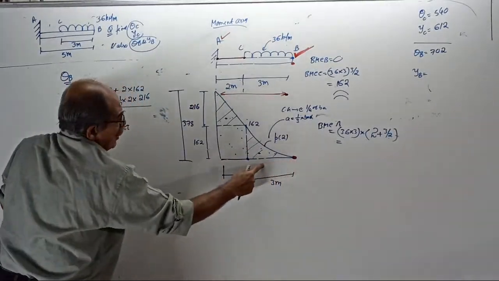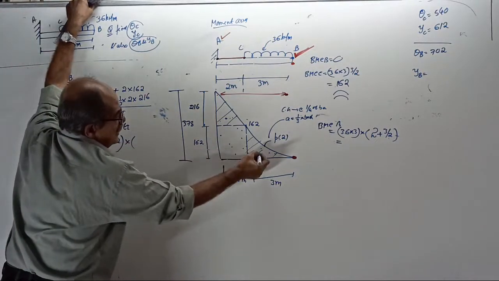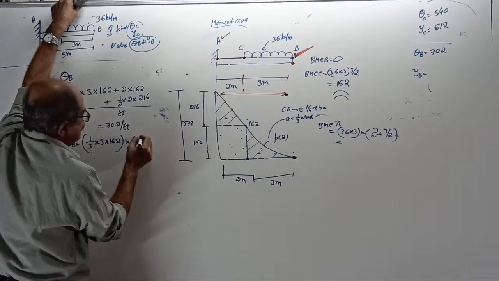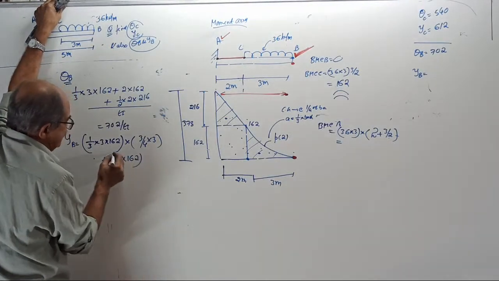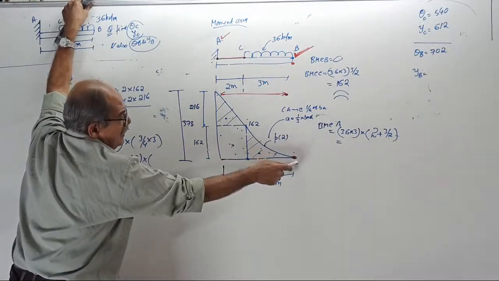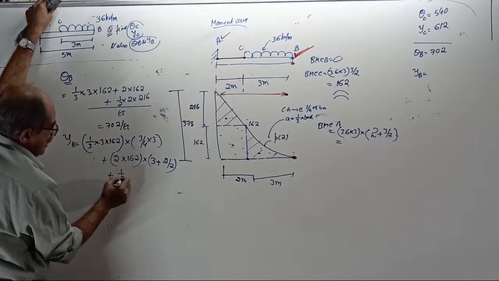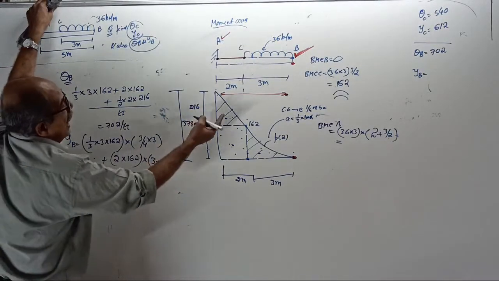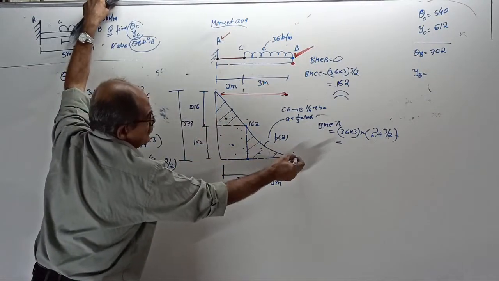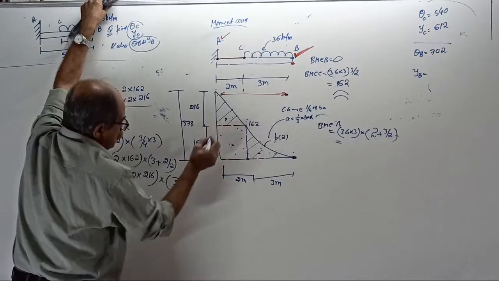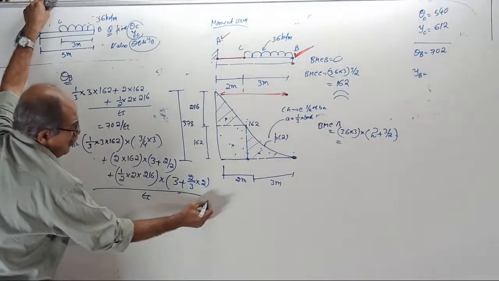Therefore, start: 1/3 of 3 into 162 is the area into its CG, from here 1/4, from here 3/4 of 3, plus this area 2 into 162 is the next area into its CG from here 3 meter outside plus half of 2, plus one more area half into 2 into 216 is the area into its CG, moment about this point, 3 plus another 2/3 of 2. Answer divided by EI will give deflection at B.